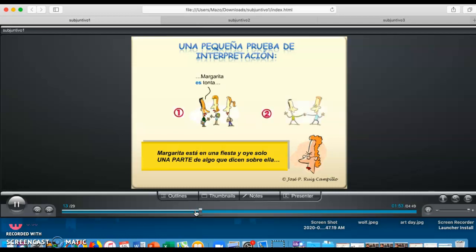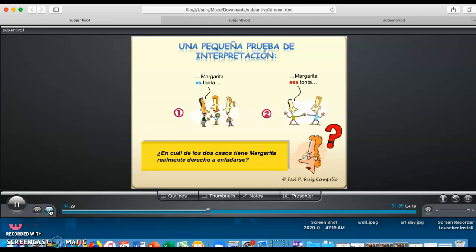If she hears Margarita es tonta, okay, versus she only hears Margarita sea tonta. Scenario number one, she hears Margarita es tonta. Scenario number two, she hears Margarita sea tonta. ¿En cuál de los dos casos tiene Margarita realmente derecho a enfadarse?